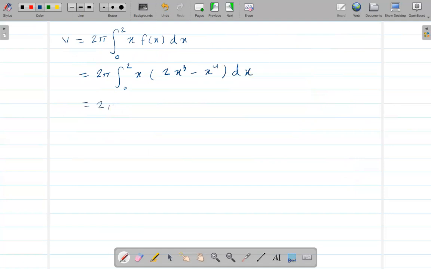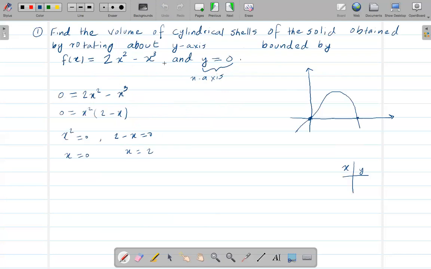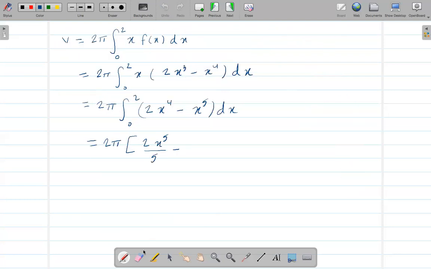From here, again, it's algebra. Oops, sorry, it's 2x squared minus x to the power 3, and this is multiplied by x.